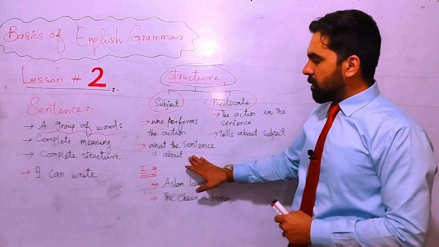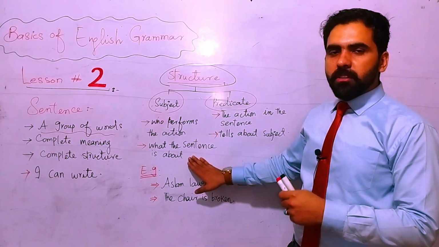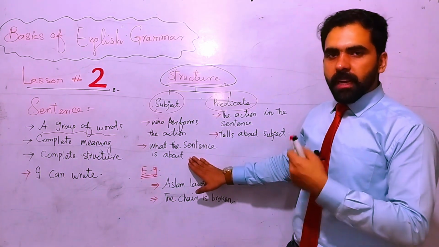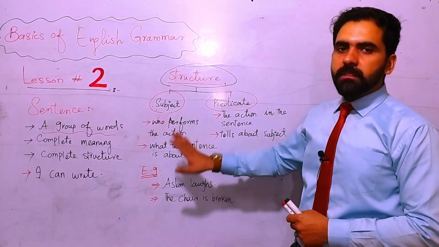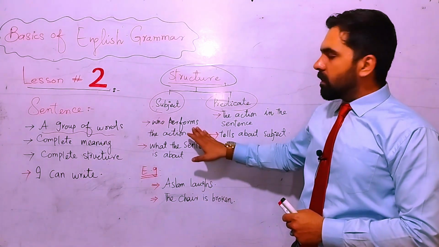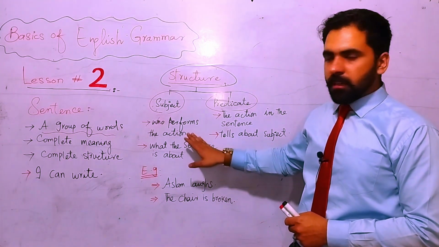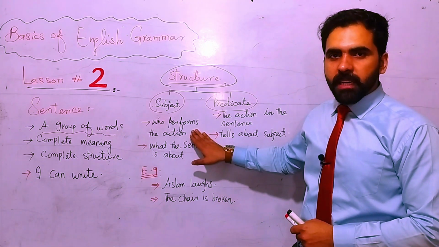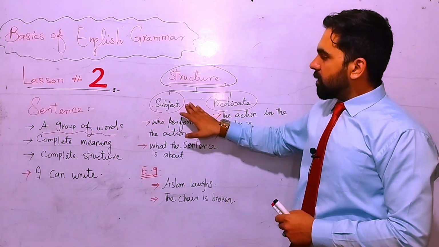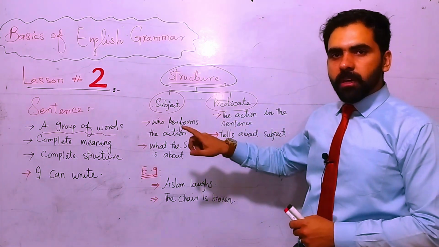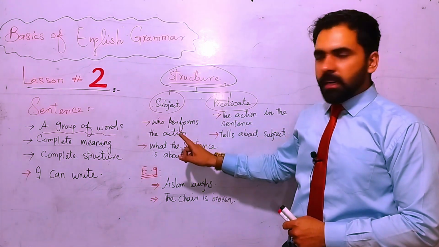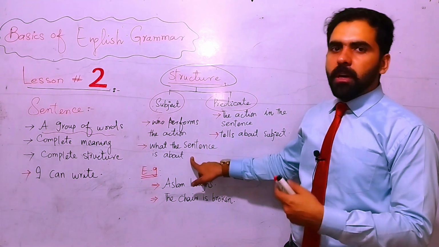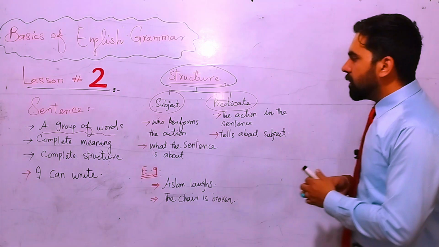What the sentence is about? Okay, what we want to say in a sentence, that sentence would be about the subject, or the subject would be the one that performs an action, or that is performing an action. Okay, the subject is something or someone that either performs an action, or the sentence is about that subject.